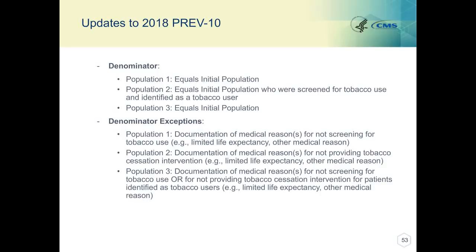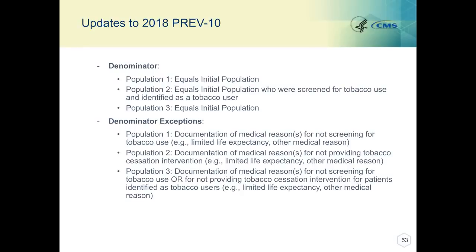The denominator exceptions for each population vary a little bit. The population 1 exception is documentation of medical reason for not screening for tobacco use. An example is limited life expectancy or other medical reason.